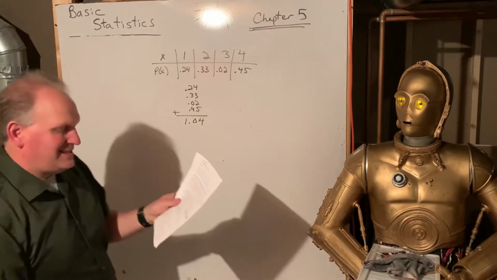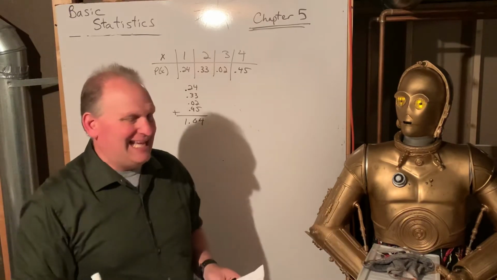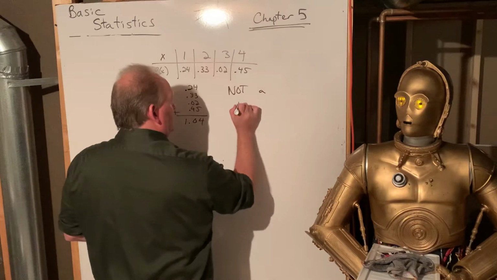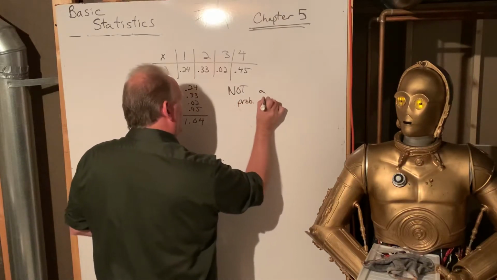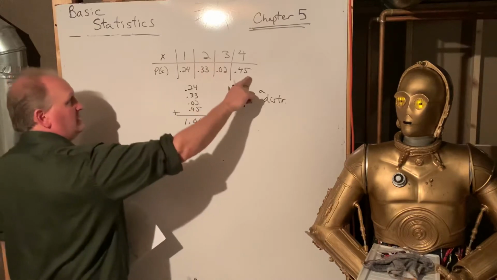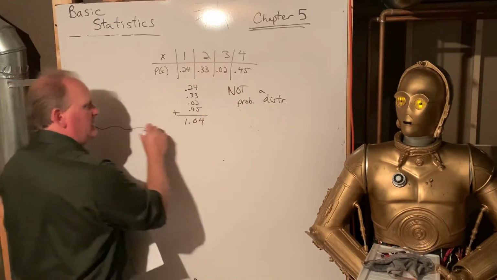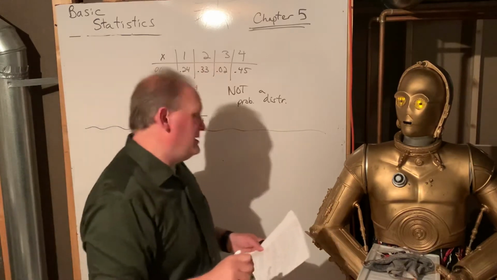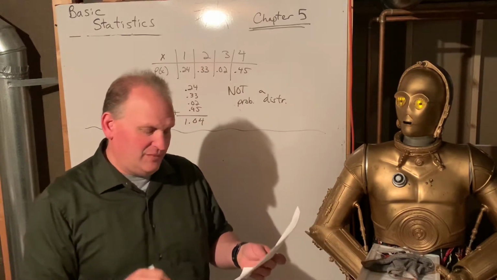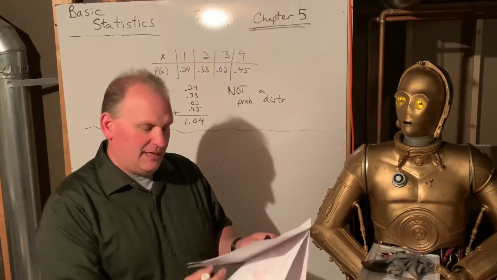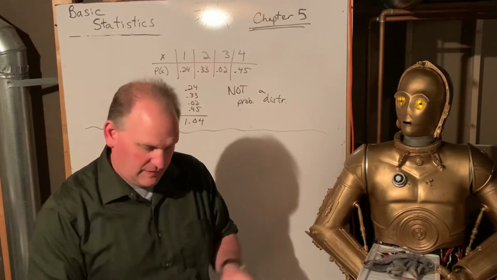That means this doesn't add up to 1, so this is not a probability distribution. It looks like 1, but it is not. It always has to add up to 1. There could be round off error if it went out like 3 places, but it would be like 0.99 or something. It wouldn't be that. So that is not a probability distribution.